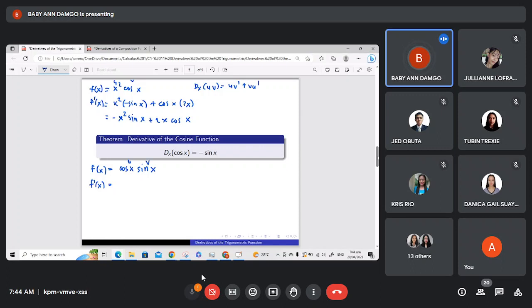So, uv prime, so u, cosine x, derivative sa sine x is cosine x, plus, so your v, sine x times derivative sa cosine x, which is minus sine x. So simplify, this is cosine squared x minus sine squared x.